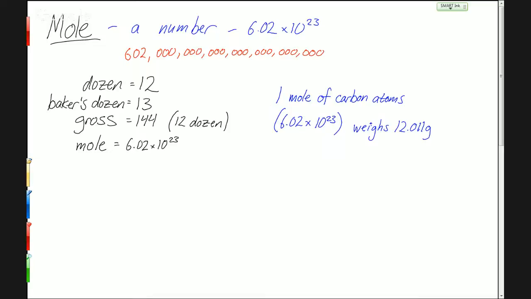Do you see what I mean about translating from the atomic realm to the physical realm? We can't count individual carbon atoms, but if we have 12.011 grams of carbon, which is about a small handful, then we know we have that many carbon atoms.